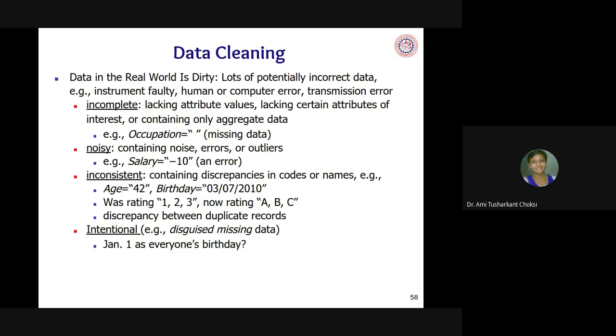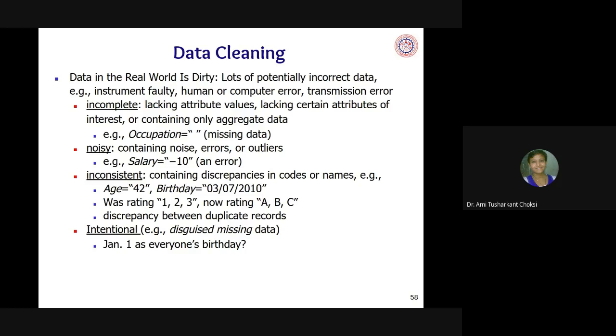For that, we can say incomplete. That means lacking attribute values, lacking certain attributes of interest, or containing only aggregate data. For that, we can say occupation is equal to, say, double quotes empty. So, missing data, right? Noisy means it contains noise, errors, or outliers.